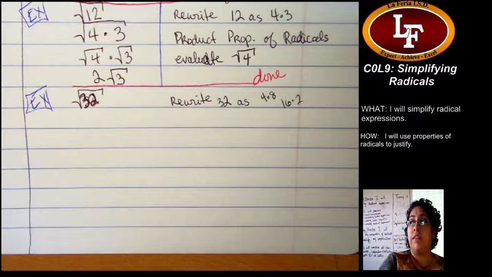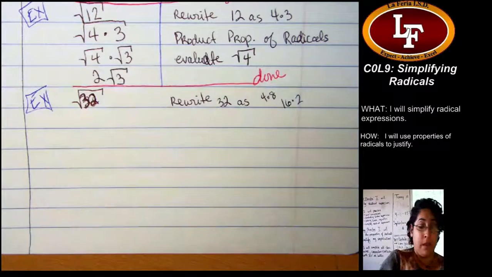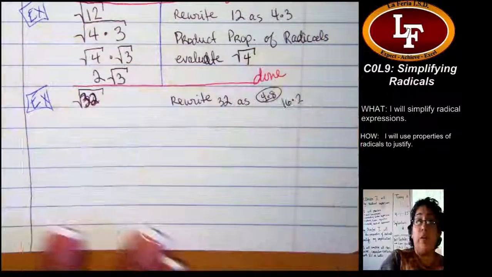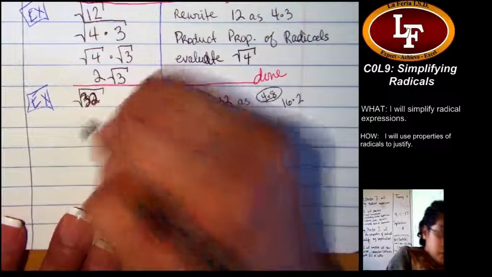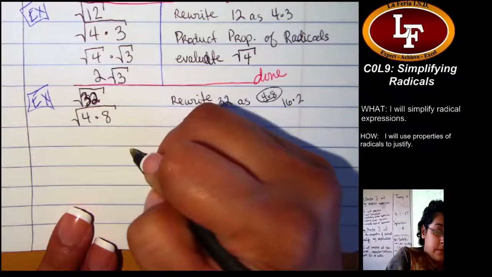I think those are probably the only ones that are going to help us out. Which one will help us the most? 4 and 8. Okay, we're going to try 4 and 8, and you're saying 16 and 2. We're going to do 4 and 8 over here, since 16 and 2 is hard. So I'm going to rewrite 32 as 4 times 8.